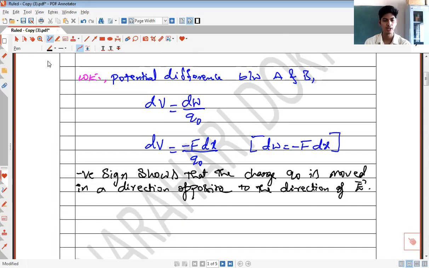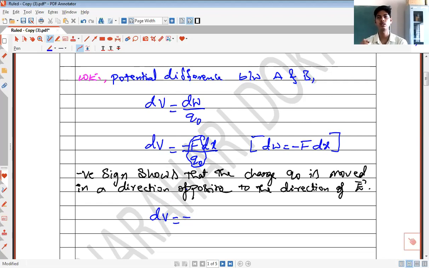Now we can write dV as equal to, we'll retain this minus sign as it is. Can you tell me what the force experienced by a unit positive test charge, F by Q naught, is called?